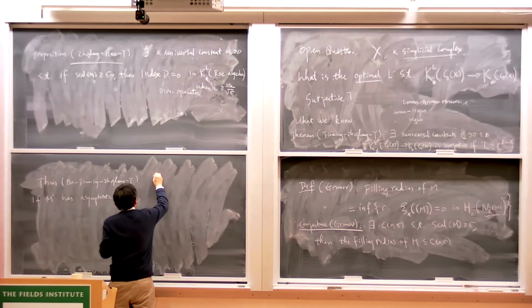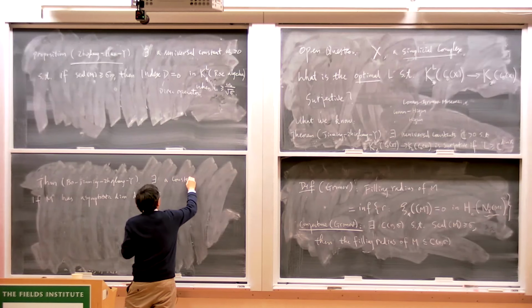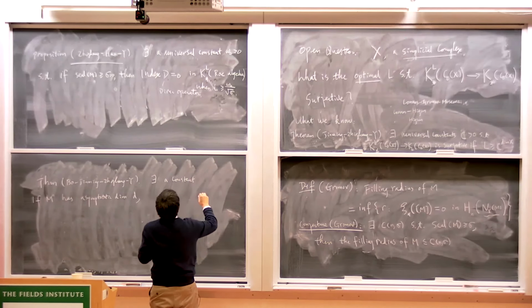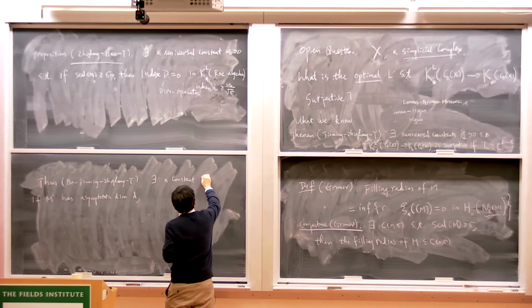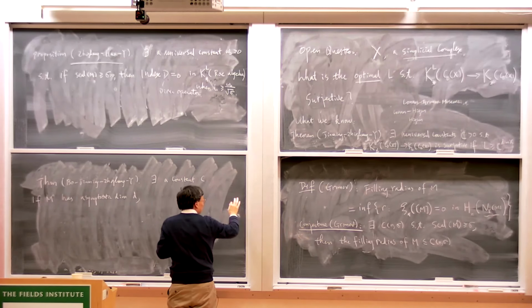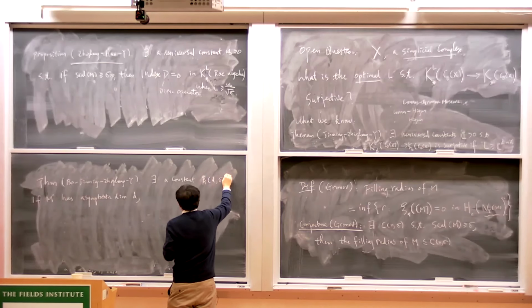Or I should say there exists a constant, let me call it C, I hesitate to use C1, that's not very imaginative, let me call it B, D, and sigma.